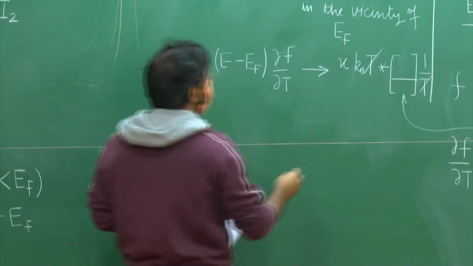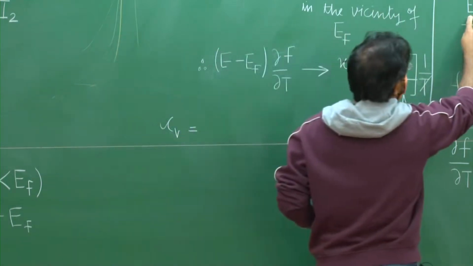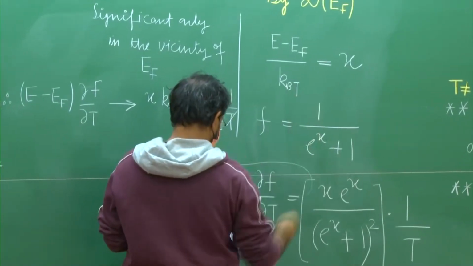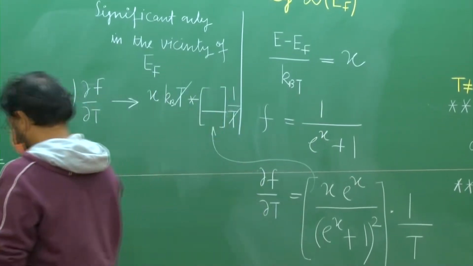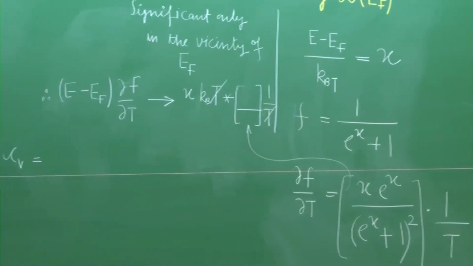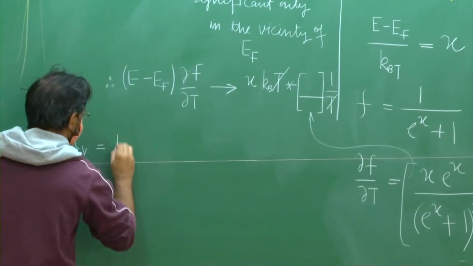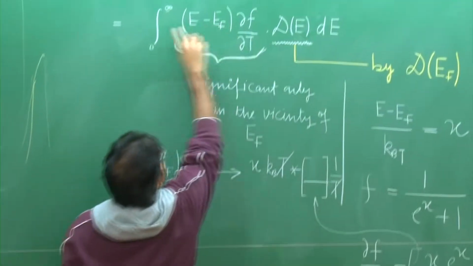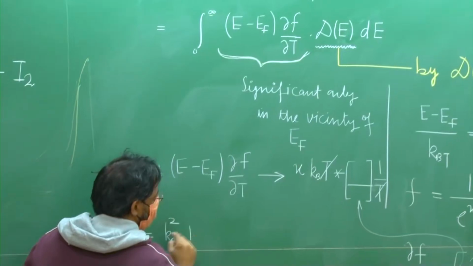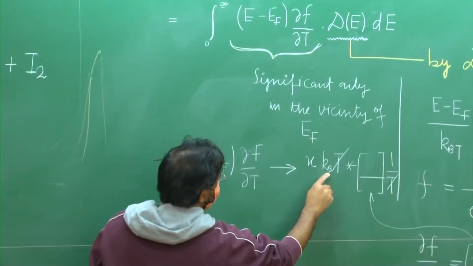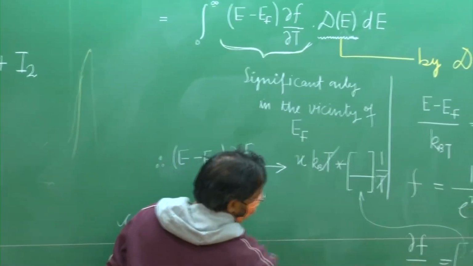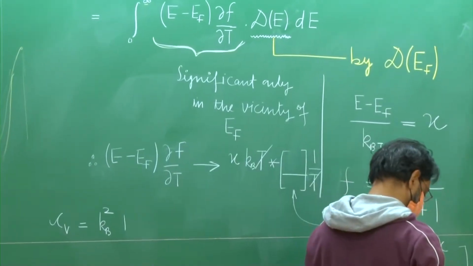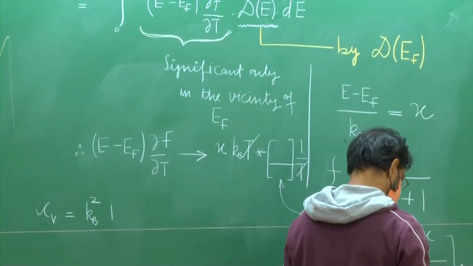and of course you can write dE in terms of dx. So dE will be kBT times dx, and you can change the limits of the integration. So you will get something like this: kB square, dEF will come out of the integration sign. kB square is coming from here because you have this kB and you will have 1 kB in the bracket. Have I missed out something? Yes, I have.